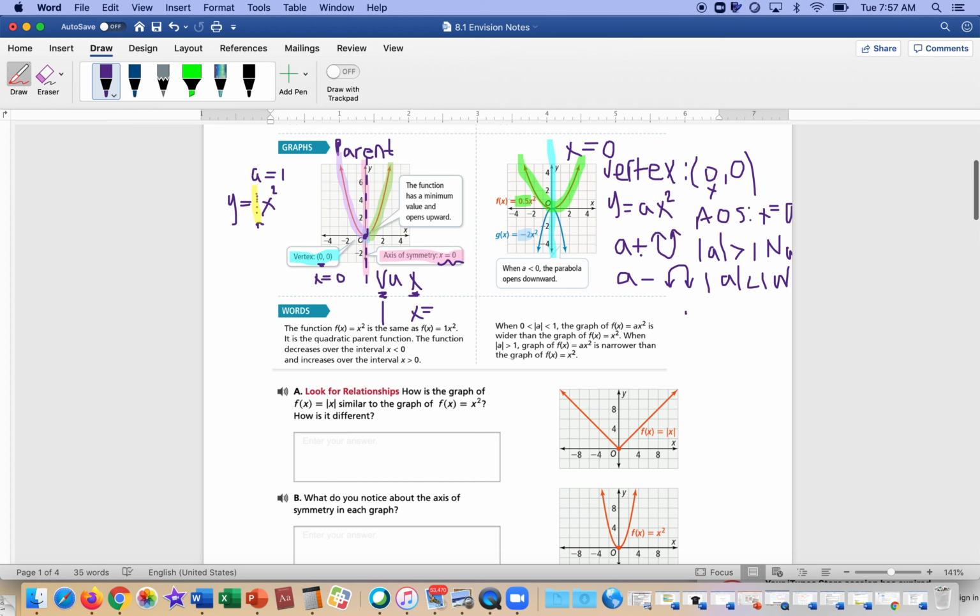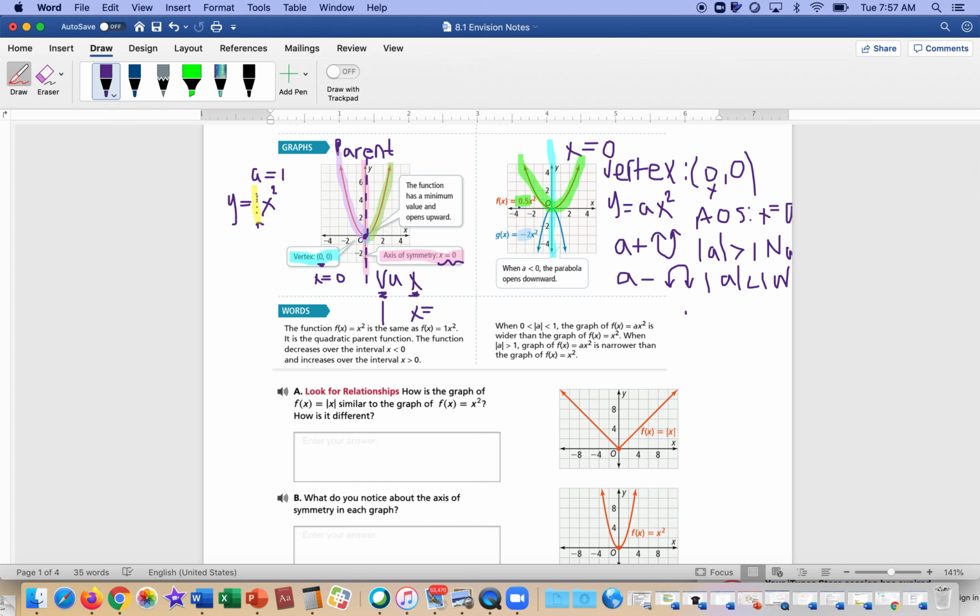Okay, so those are some things we notice about a. A does two things. It tells us if it's upward or downward. So since the top one has an a value that's positive in green, it opens upward. For the bottom one in blue, since the a value is negative, -2x squared, it's going to point downward. And it also does another thing, absolute value.